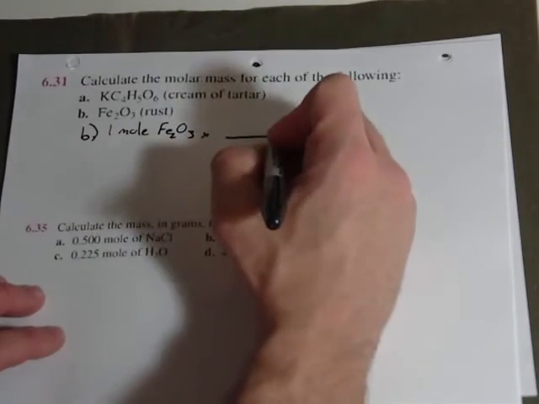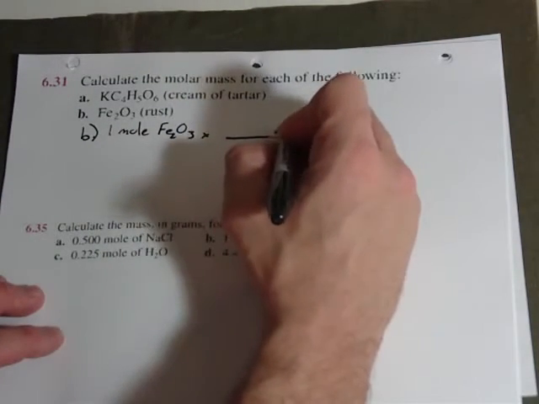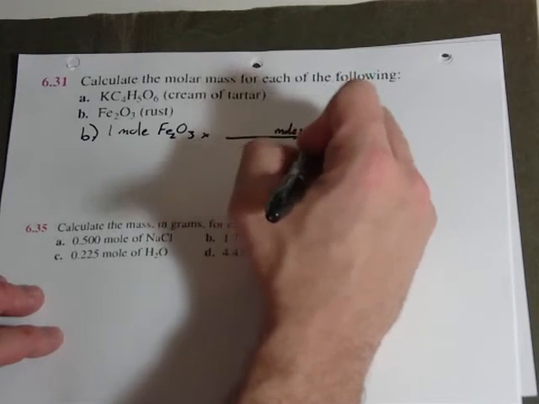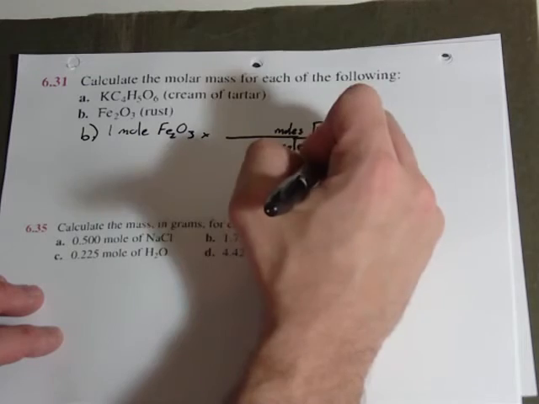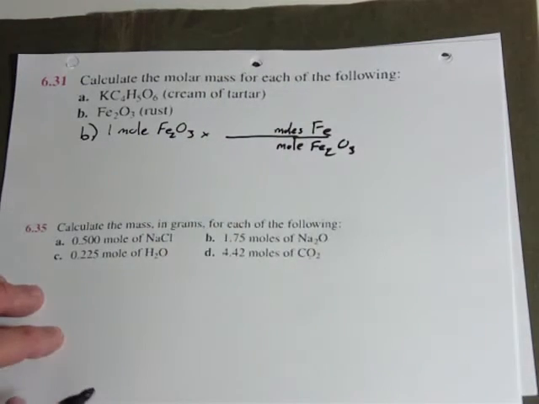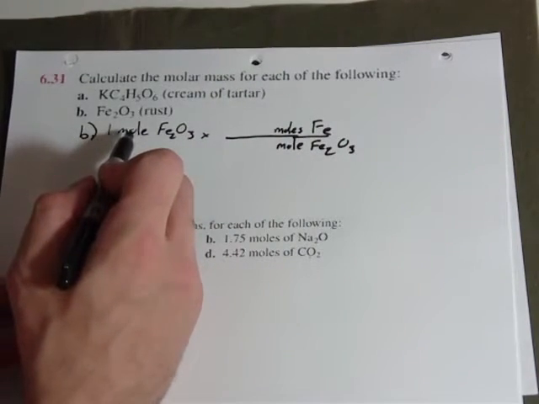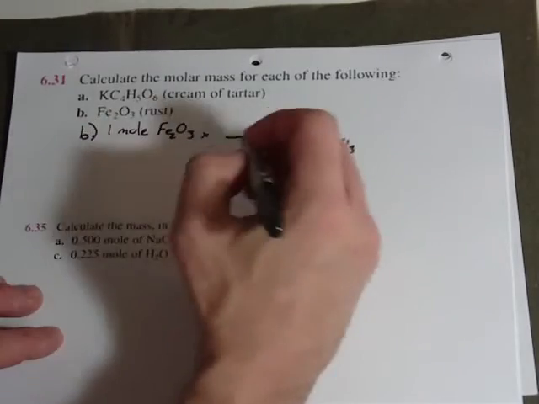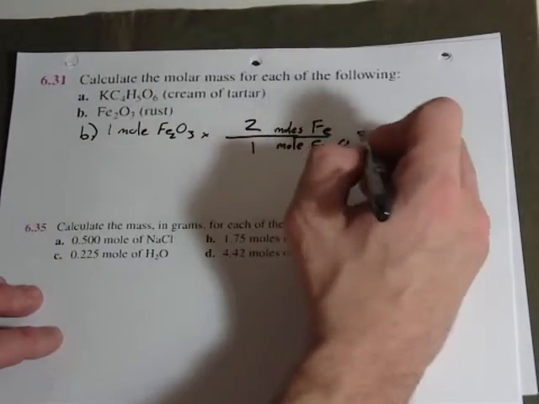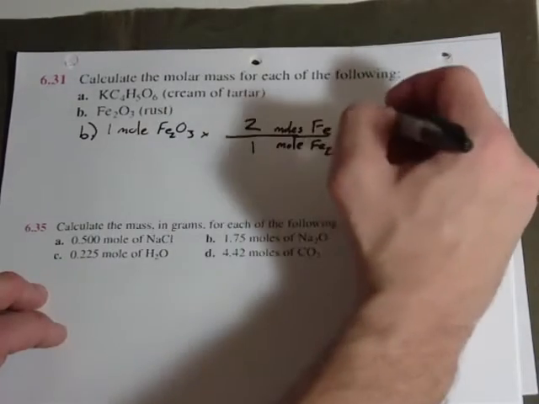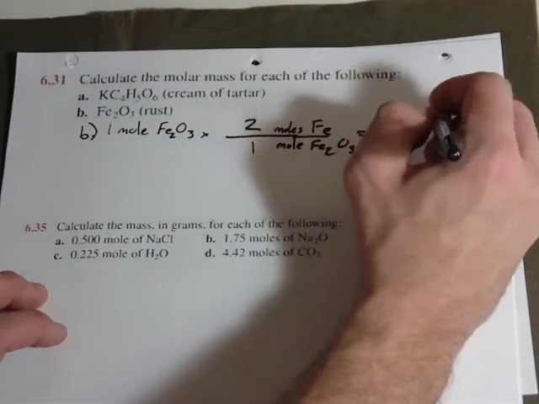So here we want to get moles of Fe, and we want our Fe2O3 to cancel out. So here we look at the formula. There's 2 moles of Fe per 1 mole of Fe2O3. And so that's 2 moles of iron.